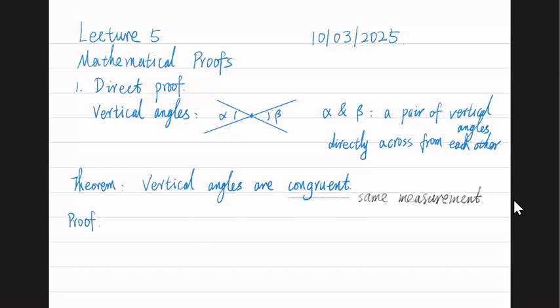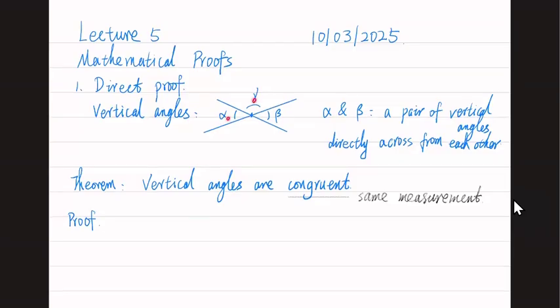We'll consider this angle, gamma. The observation is alpha and gamma, they are supplementary angles. And beta and gamma, they are supplementary angles for this line.